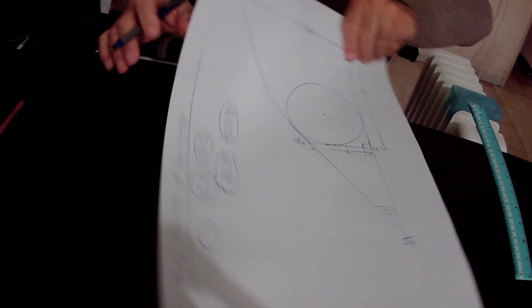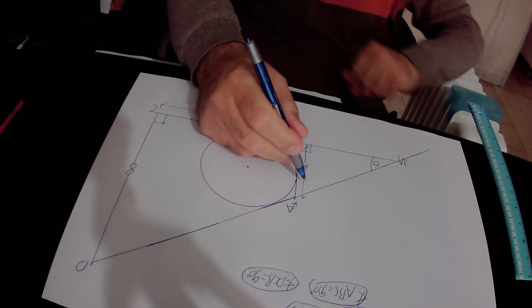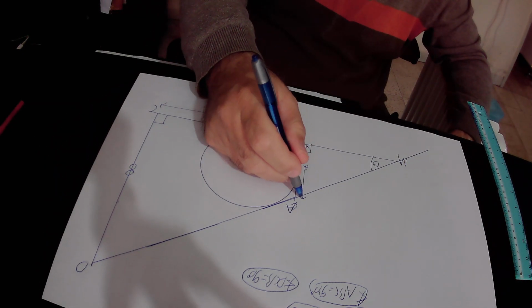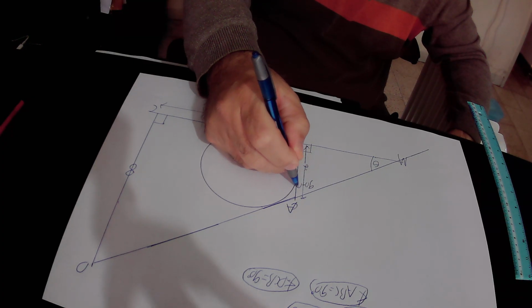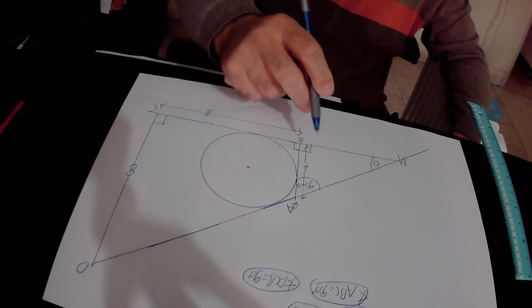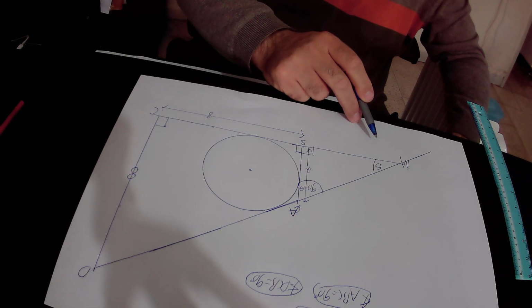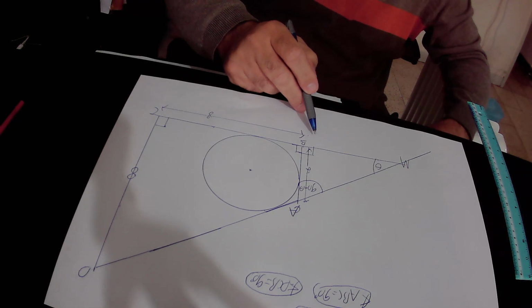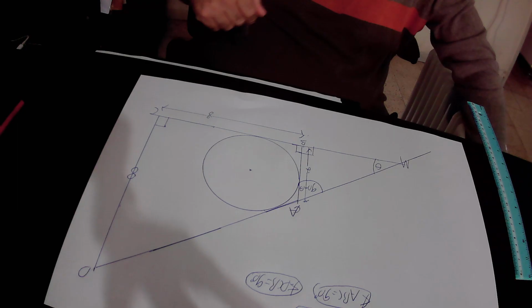Therefore, the missing angle here must be equal to 90 degrees minus theta. Why? Because 90 degrees minus theta plus theta is equal to 90 degrees, and 90 degrees plus 90 degrees is equal to 180 degrees. That is the sum of the angles in any triangle.